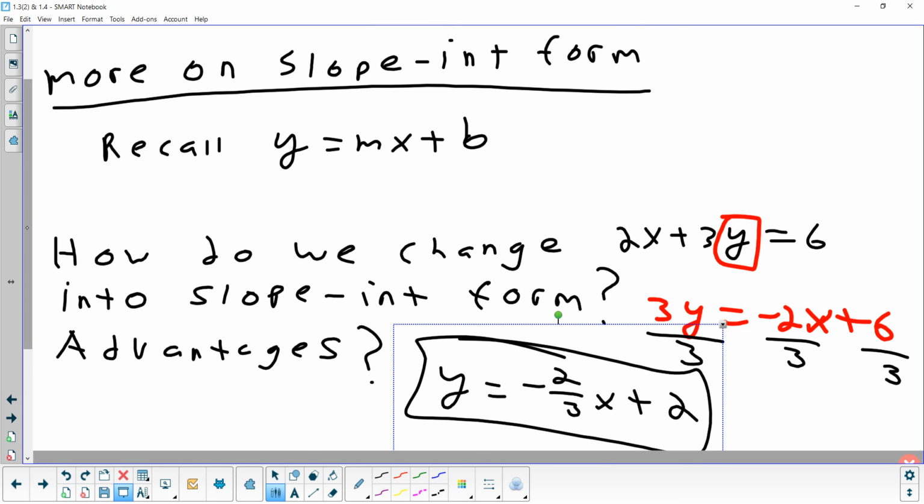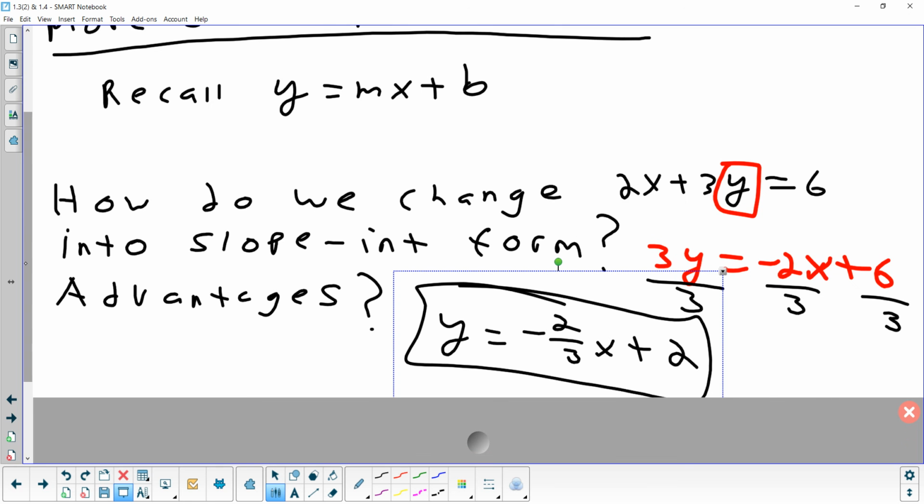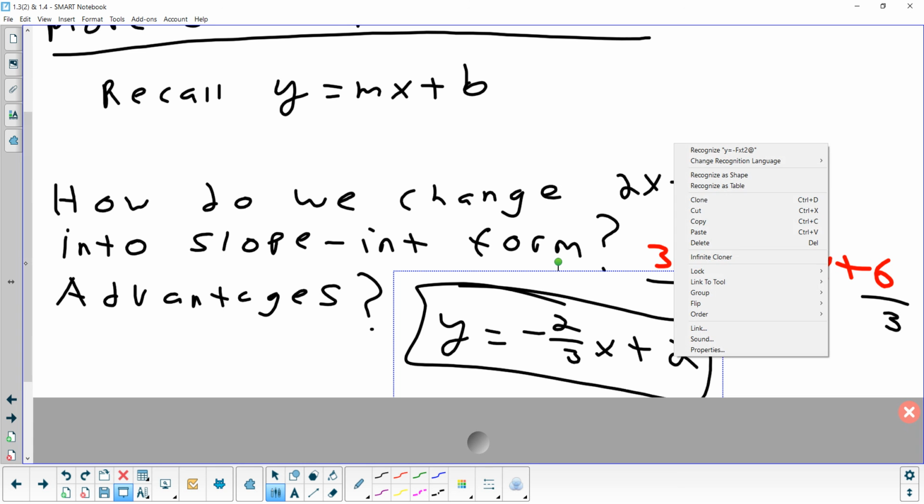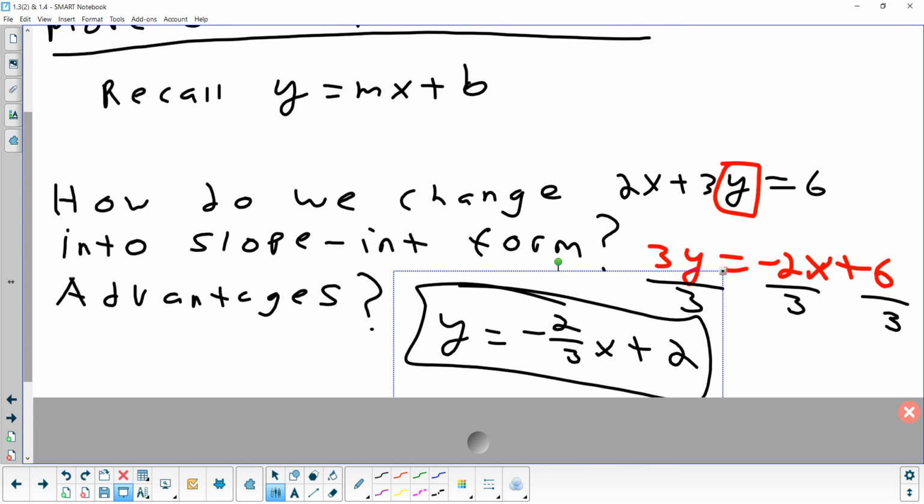It's easier to graph. Yeah, it's much easier to graph because you can see your y-intercept. And from that y-intercept, we have a rise and a run. So if I was going to graph this, I would start at a y-intercept of 2, and I'd go down 2, right through. And that would give me a nice graph. That's why we do that sometimes.